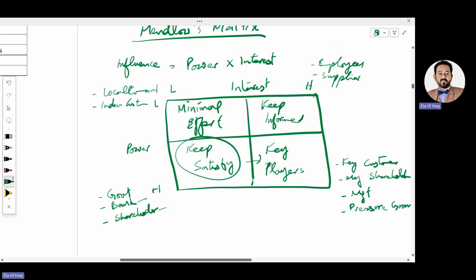You need to inform them about what decision you have made and why you have made that decision, especially when you have made a decision against them. You need to inform them why so that they should be informed and stay in their box. If you are not informing them, due to ambiguity, they will be combined together. After having combination, they will be having a high power and they can become a key player and can affect your business.